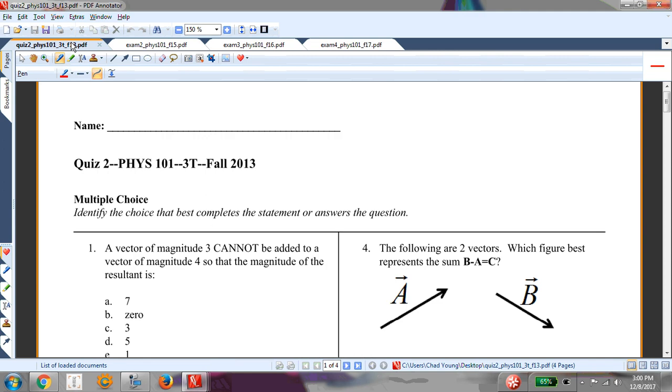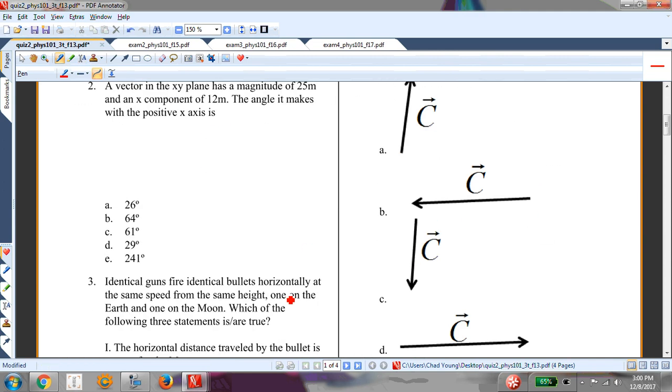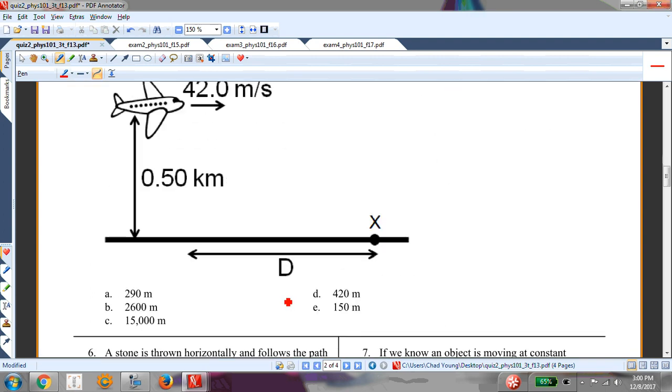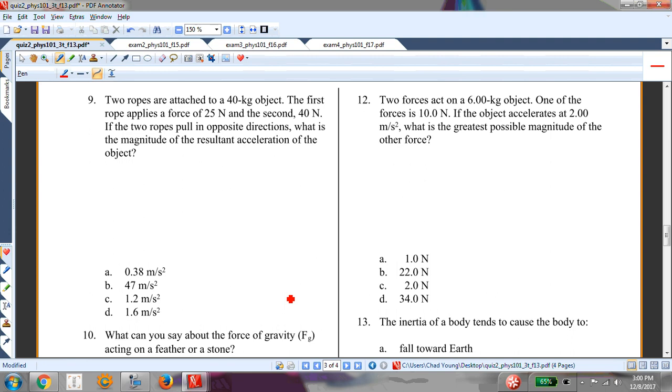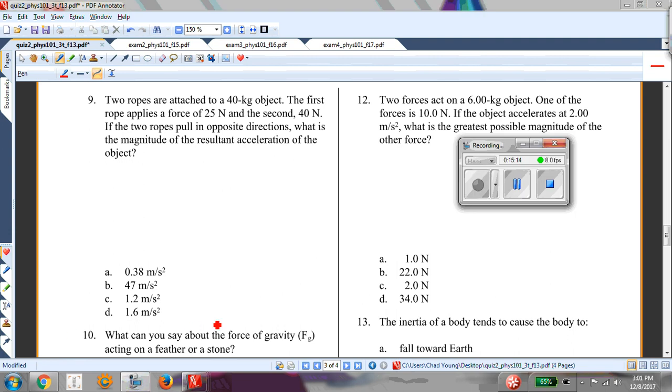Exam 2, or Quiz 2 as I used to call them, number 12. I don't reuse test questions, so don't expect to find the same questions, but sometimes you'll see similar questions. Let's see, two forces act on a 6 kilogram object.